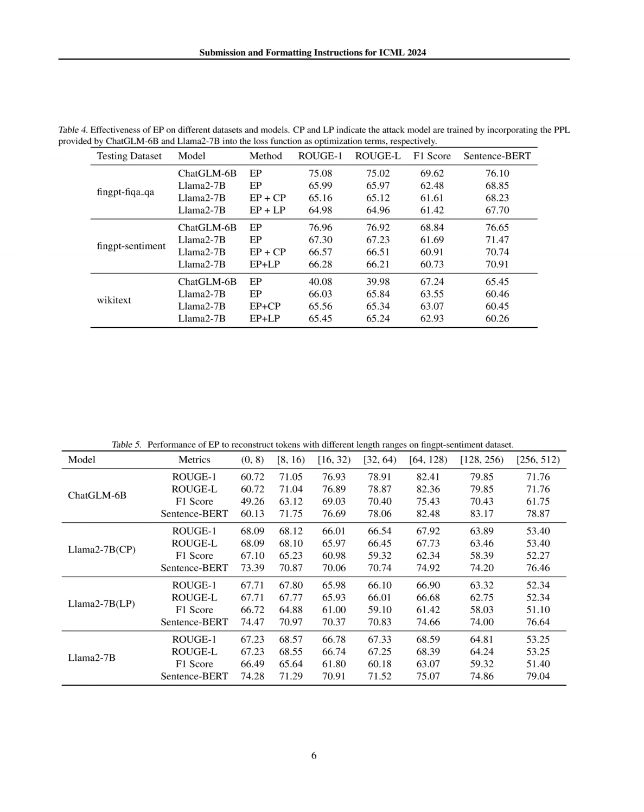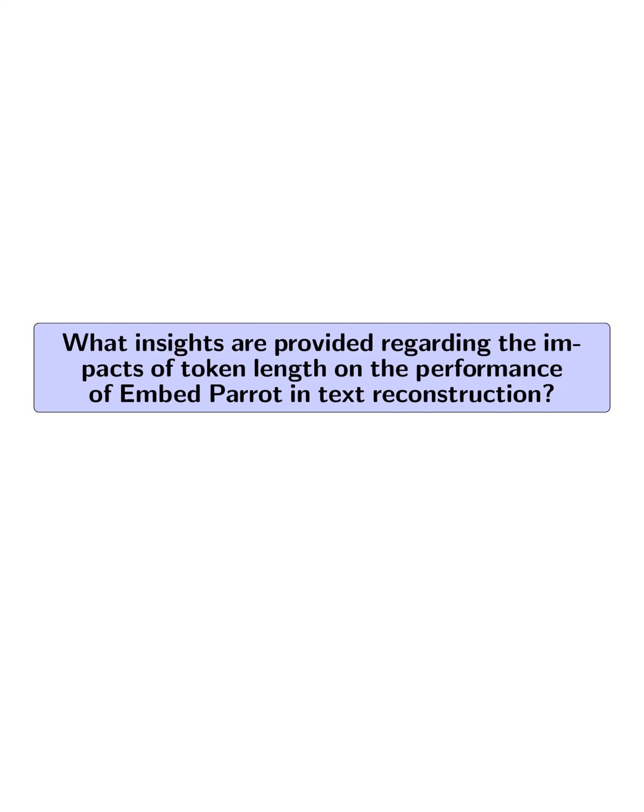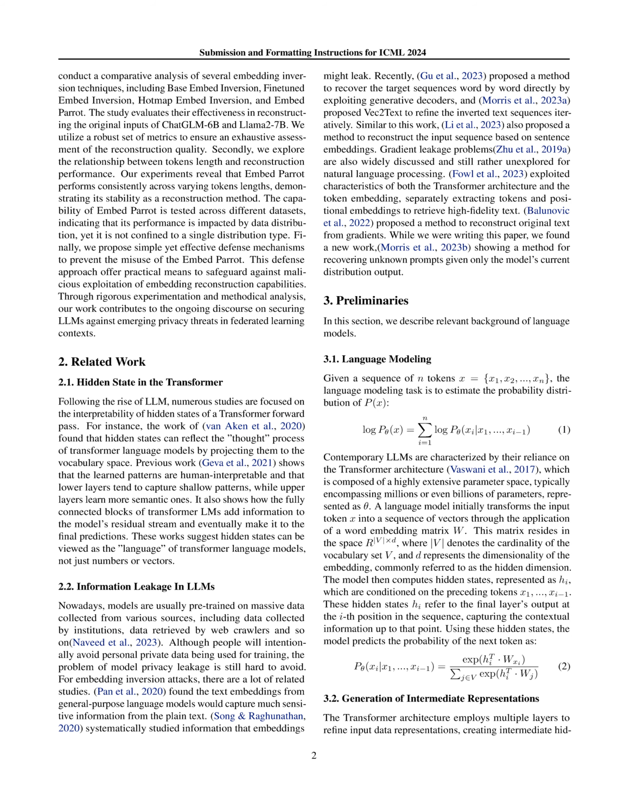What insights are provided regarding the impacts of token length on the performance of Embed Parrot in text reconstruction? The paper provides insights into the impact of token length on the performance of Embed Parrot in text reconstruction.